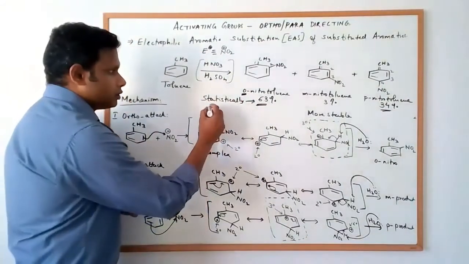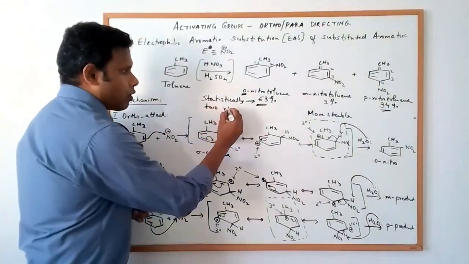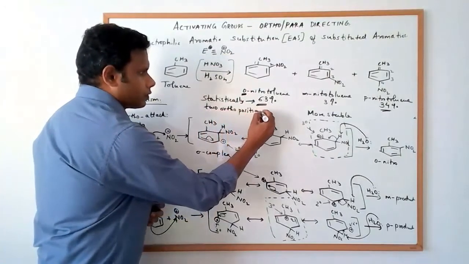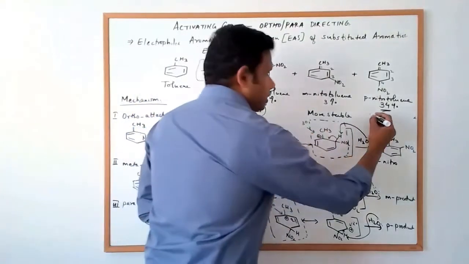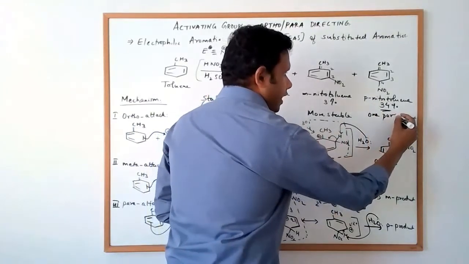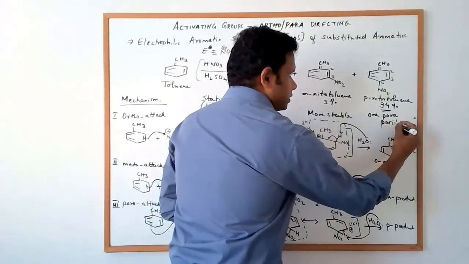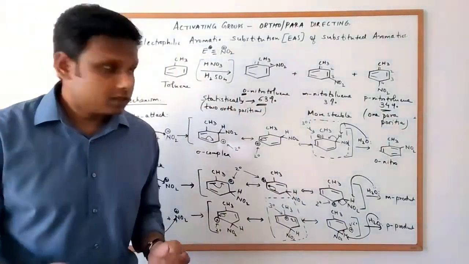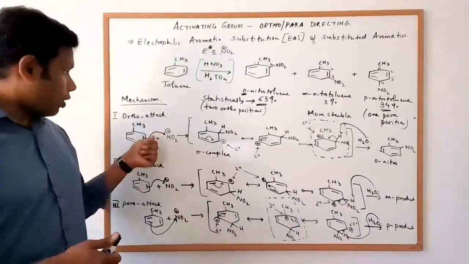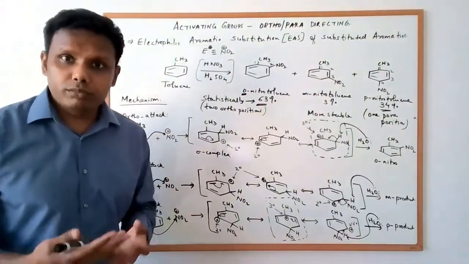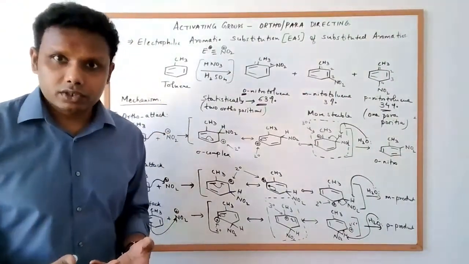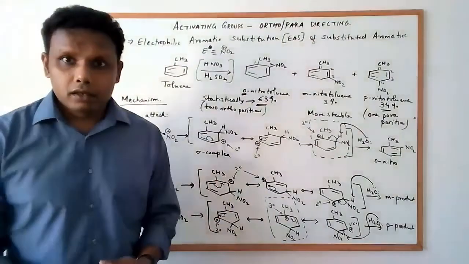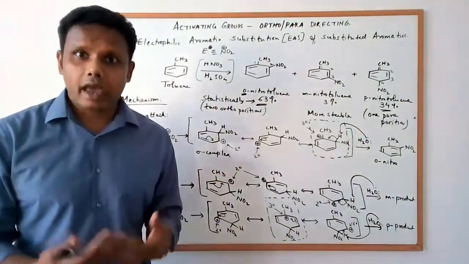There are 2 ortho positions, whereas there's only 1 para position. So on a statistical basis, the chances of an ortho nitration would be twice as much as the chances of a para nitration. Now, this doesn't always happen.